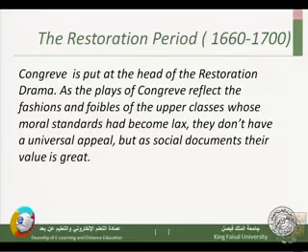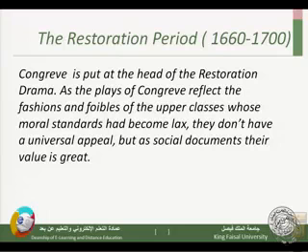Okay, now another important name that you need to remember is Congreve. Congreve is put at the head of the Restoration drama. So when we are talking about Restoration drama, we need to remember Congreve as a great writer at that time.